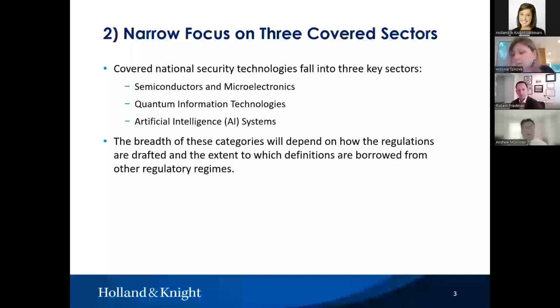And again, a lot of the concepts that we're talking about here, one of the keys is the military or potential military application. So you'll see that crop up from time to time.